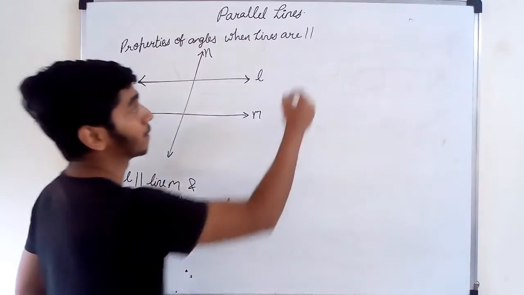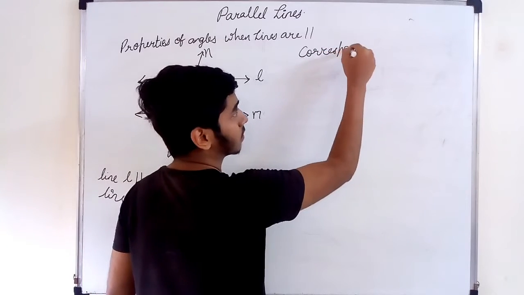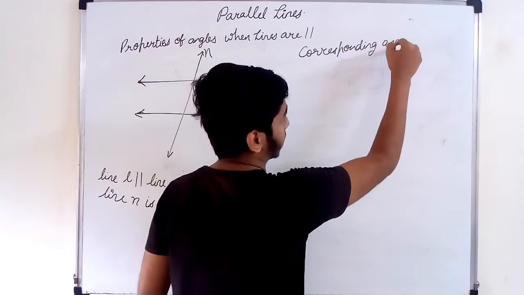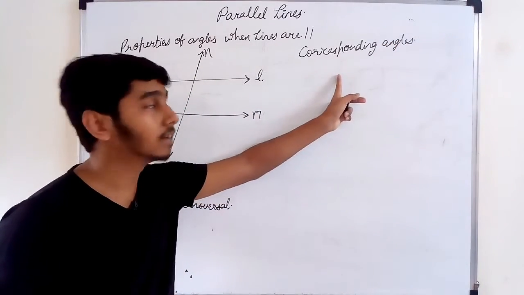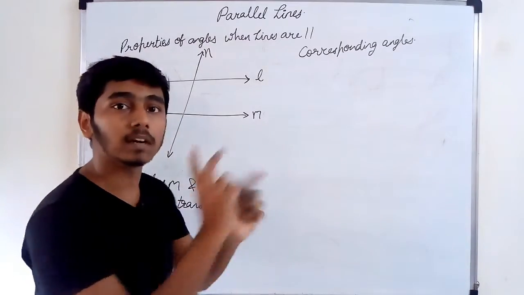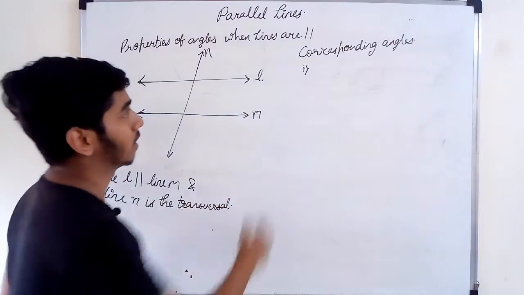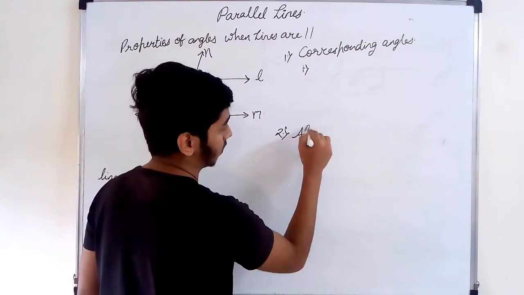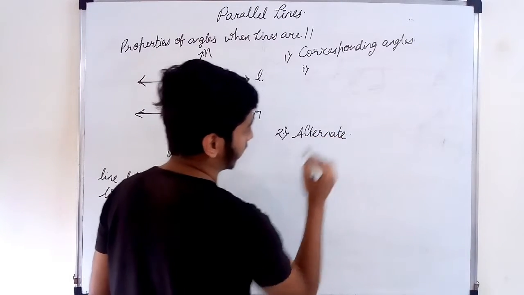Now we'll understand corresponding angles. We'll try to find the pairs of corresponding angles and we'll see the relation between the corresponding angles. That is the first. The second, alternate.